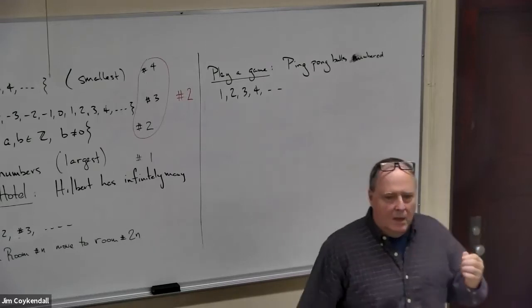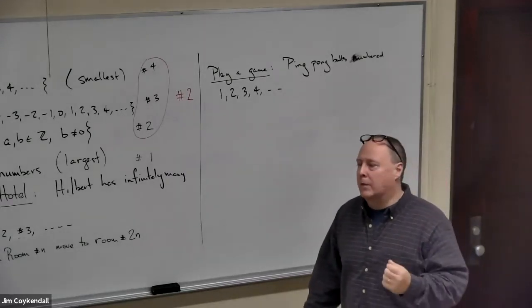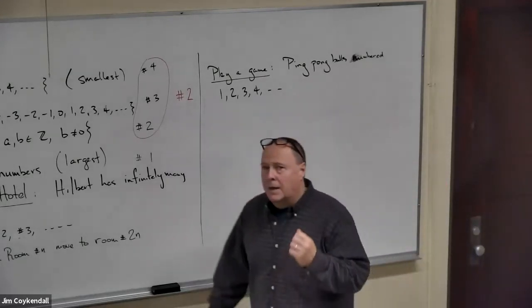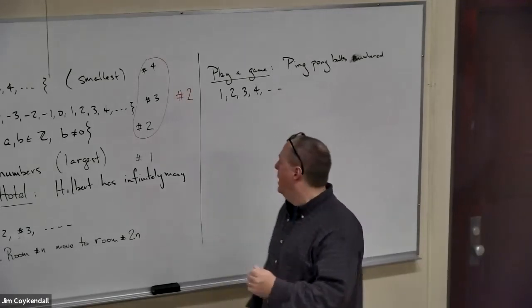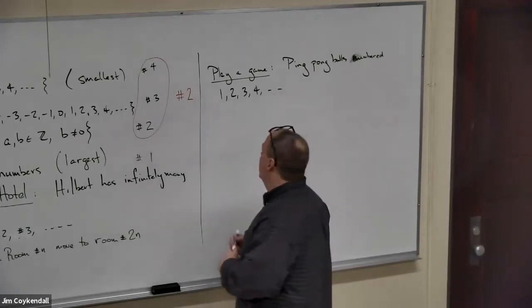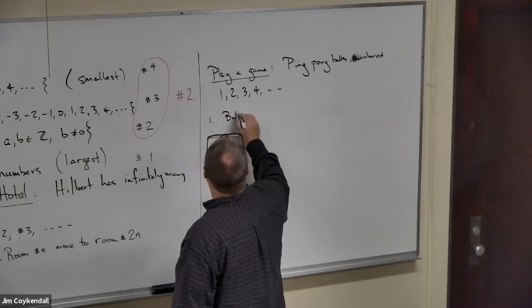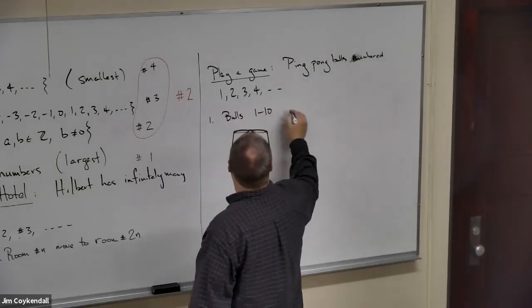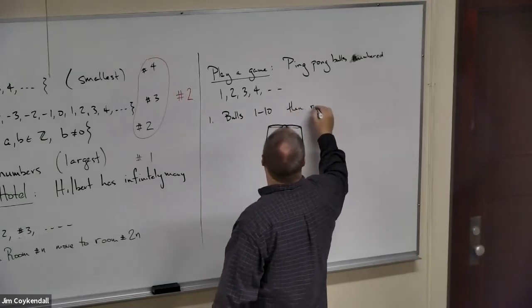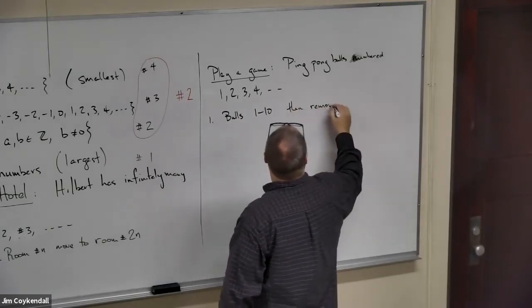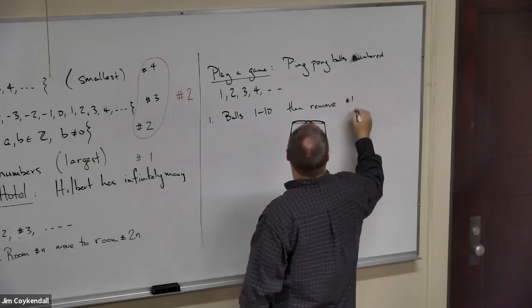I am going to play the following game. At 1 minute before midnight, step 1, I am going to insert balls 1 through 10, then remove number 1.